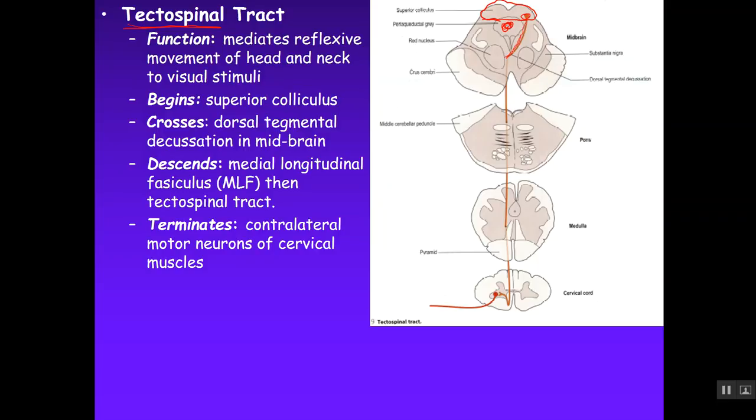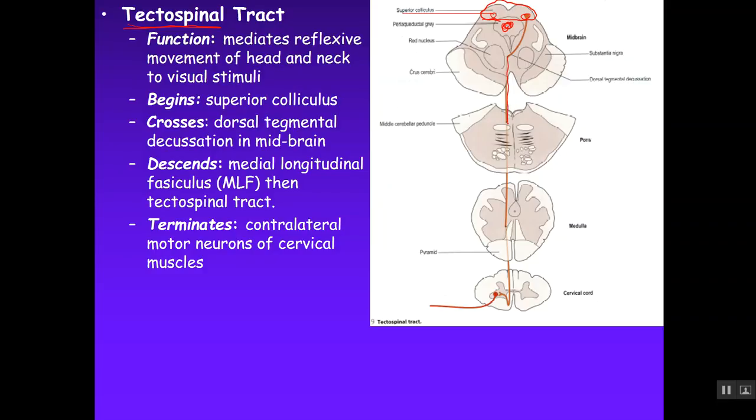This is your midbrain, and because these fibers are coming down here and crossing over here, this little decussation right here, this region is called the dorsal tegmental decussation of the midbrain. Probably not that critical for the exam, but I just want you to be a learned reader and understand this stuff.